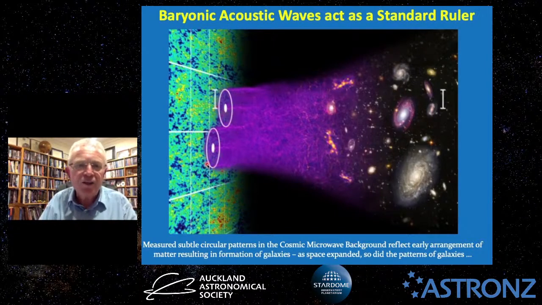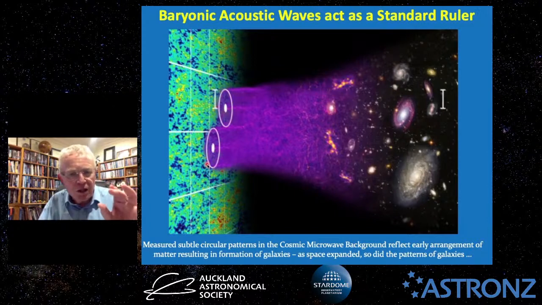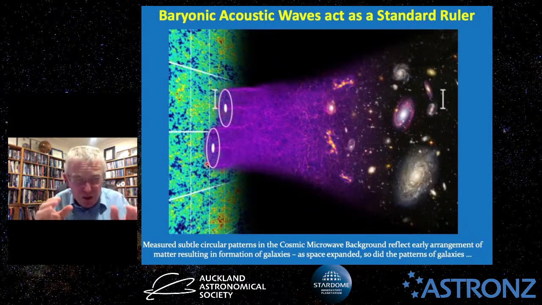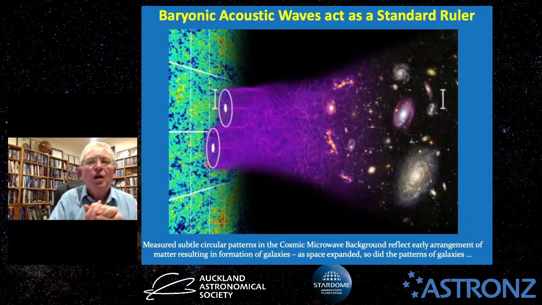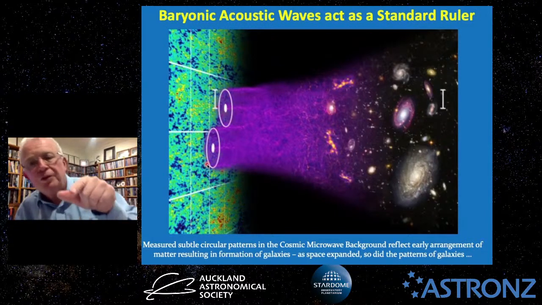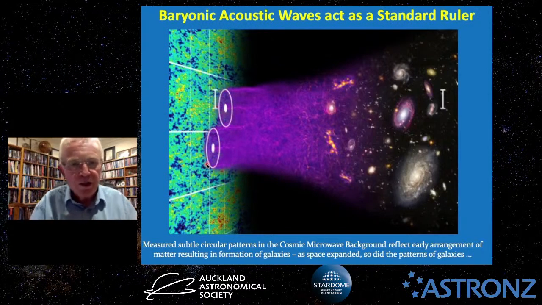And those little abnormalities reflect subtle circular patterns in the cosmic microwave background that reflect the early arrangements of matter at that stage when the universe was 380,000 years old. There was a little circular arrangement. They call them baryonic acoustic oscillations, which we'll talk about in a talk that is a whole talk on its own. They're sort of waves that then spread out.